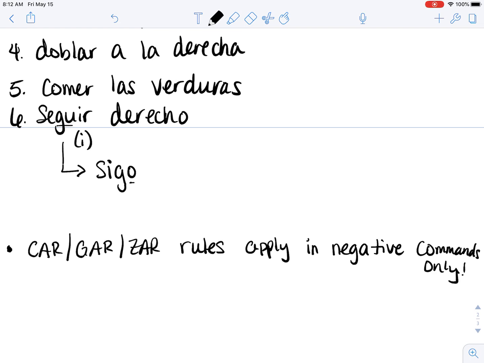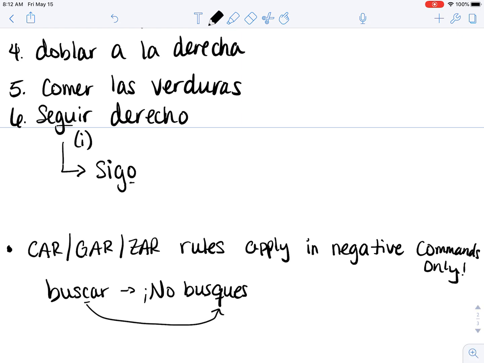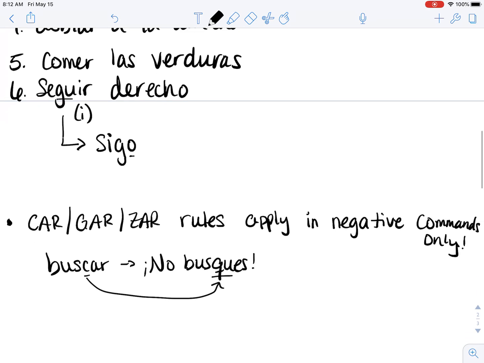So for example, of a car verb, buscar, if I want to say don't look for or don't search for, I'd say no busques. Remember the C changes to QU when it's next to an E. No busques.